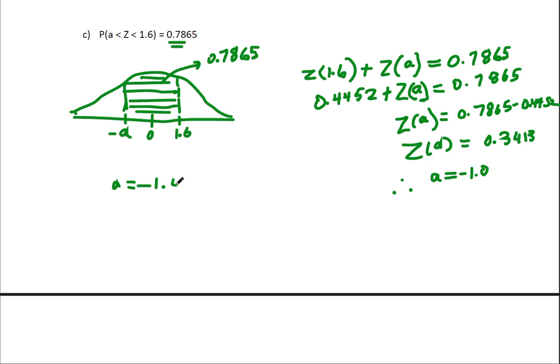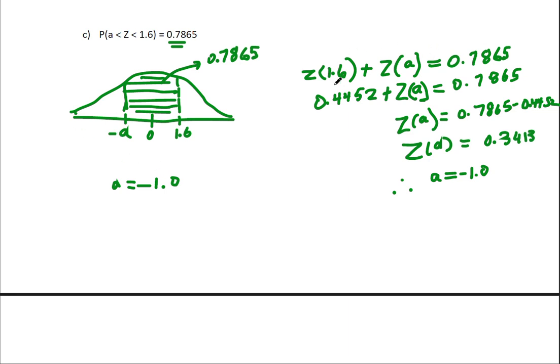And this is how we handle these kinds of situations. Again, be mindful. Whenever the probability that you're given is greater than 0.5 and you're working with an interval, then it has to be the case that one of those values is negative. In this case, the lower limit has to be negative, right?